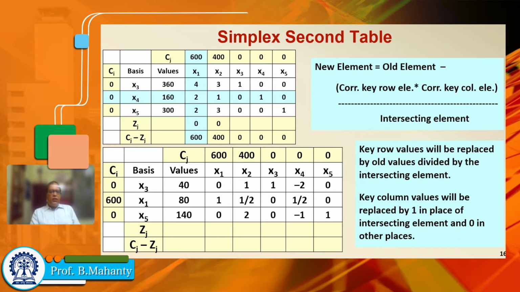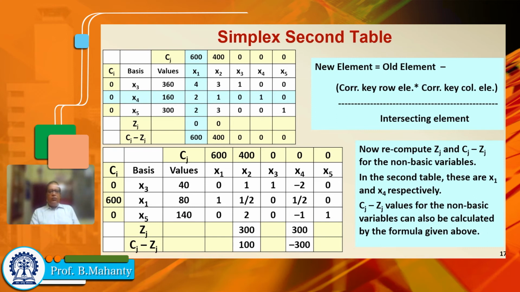Because it was 0. 0 minus 2 into 1 by 2. So minus 1. Alright, so this is how we got the simplex second table. So in this simplex second table, we have got these values, and x3, x1 and x5 are in the basis.